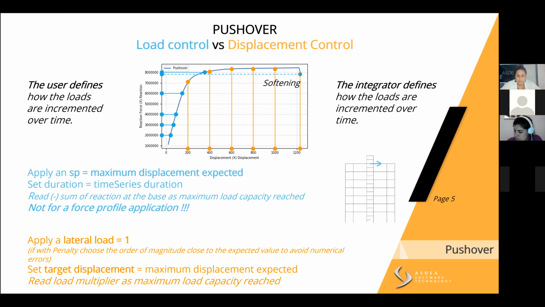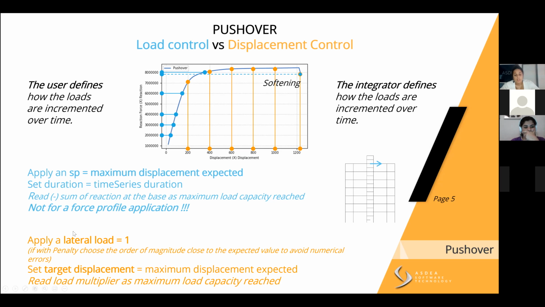So you expect, I don't know, to the power 6, to the power 7 results in terms of capacity, a few thousand kilonewtons, then just try to adjust that 1 value. And you can do that just in the load pattern by applying a factor. You don't need to change the value of the actual applied force.